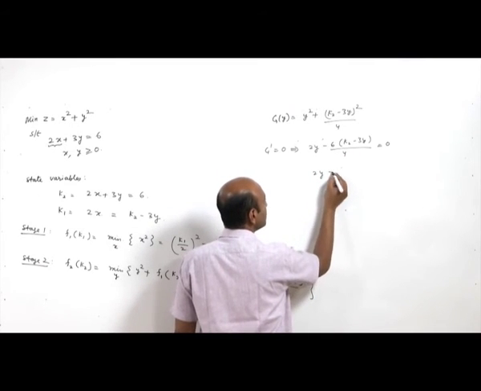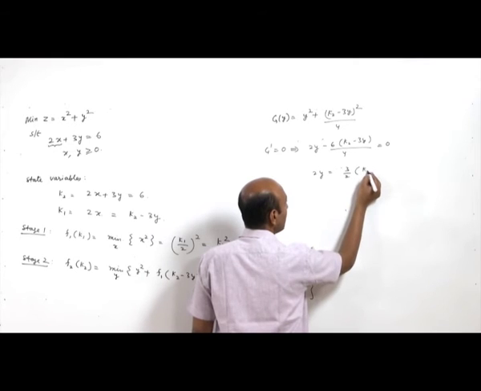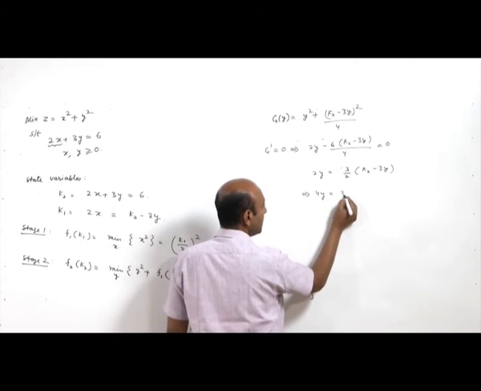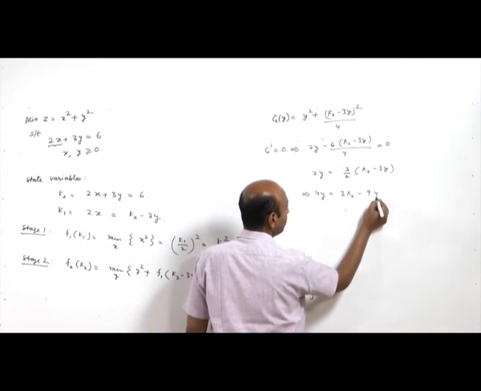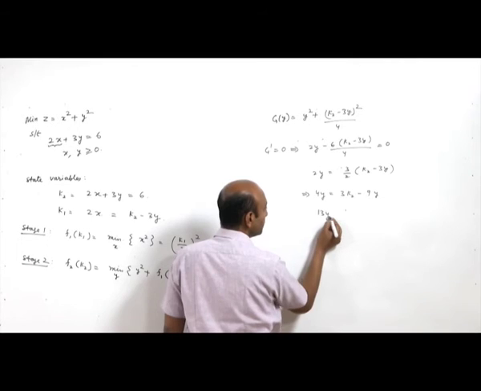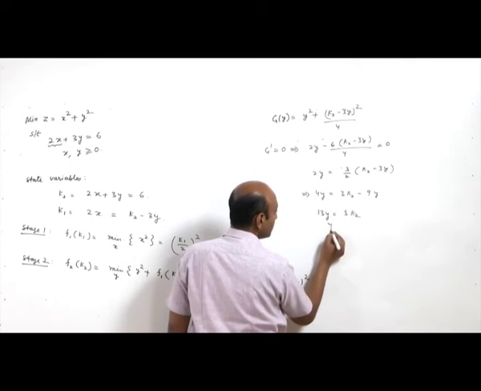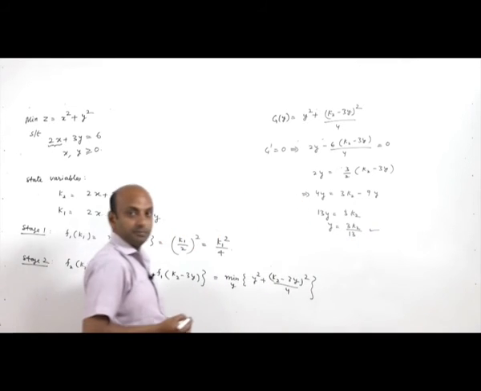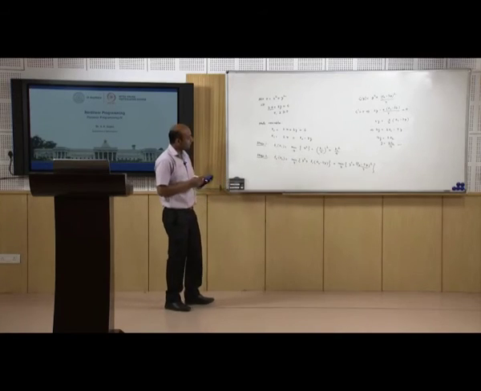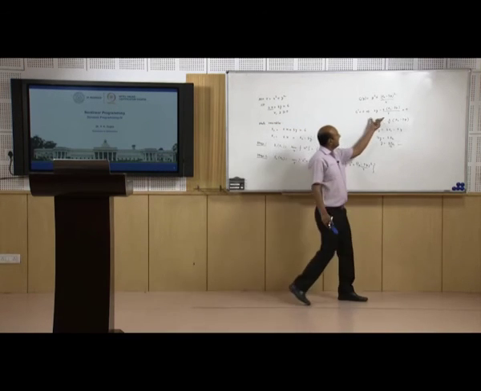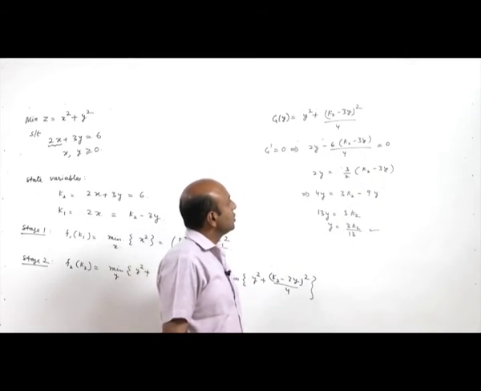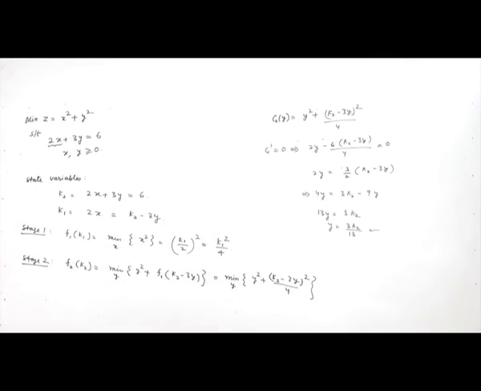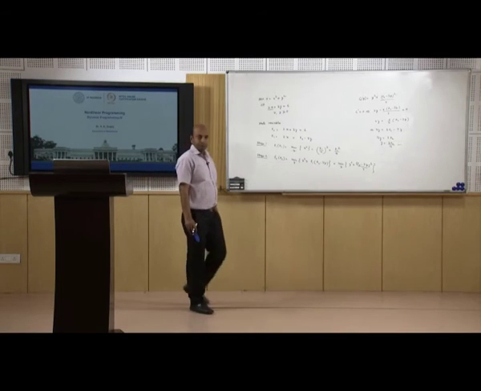That will be 2y equals 3 upon 2 times (k2 minus 3y). This implies 4y equals 3k2 minus 9y, so 13y equals 3k2, and y equals 3k2 upon 13. Okay, this is y. If you take the second derivative of this quantity, it will be positive. You can check.